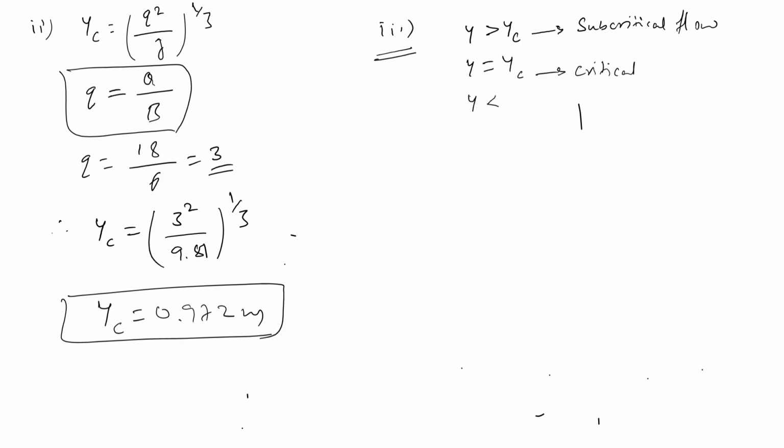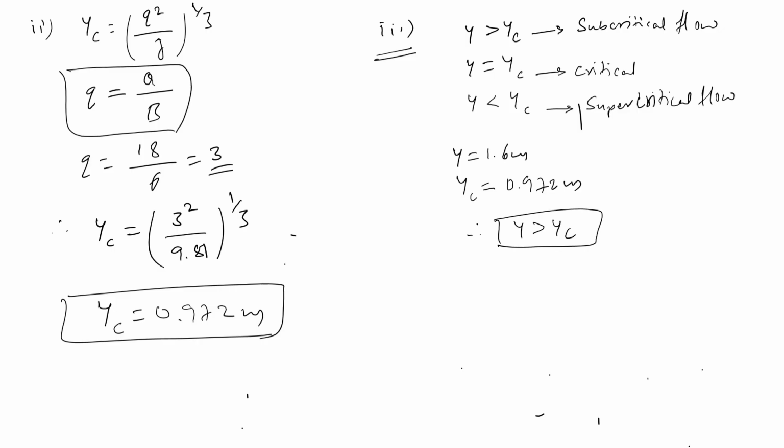If y is less than yc, then it's a supercritical flow. In our case, y equals to 1.6 meter, yc equals to 0.972 meter. Therefore, y is greater than yc. The flow is subcritical flow.